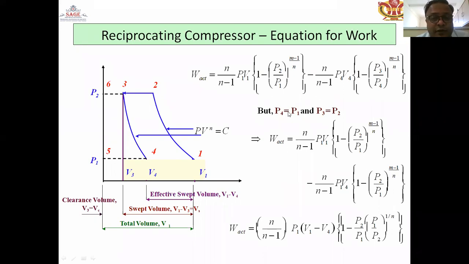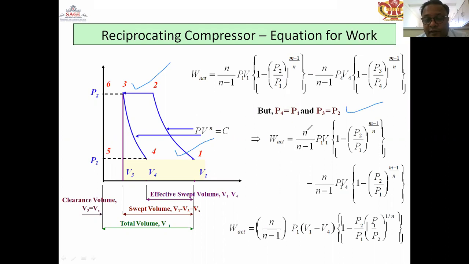Here the two pressure limits are constant: P4 is equal to P1 and P3 is equal to P2. Here the constant pressure suction process takes place, and here the constant pressure discharge process takes place.